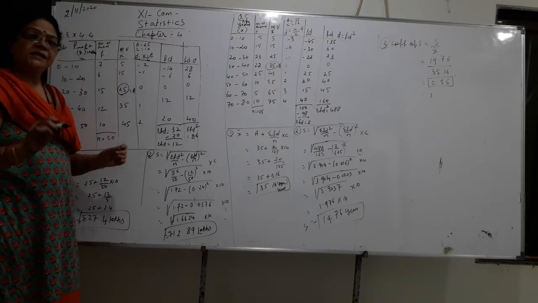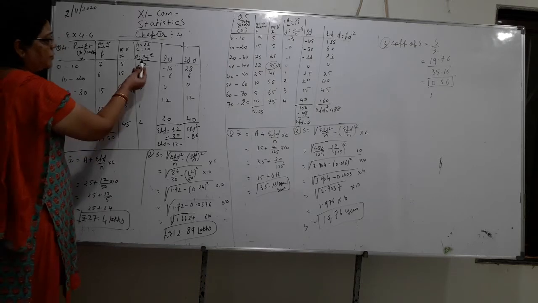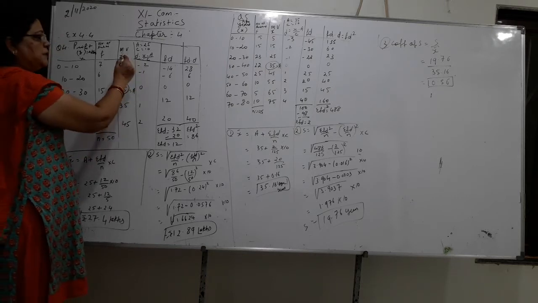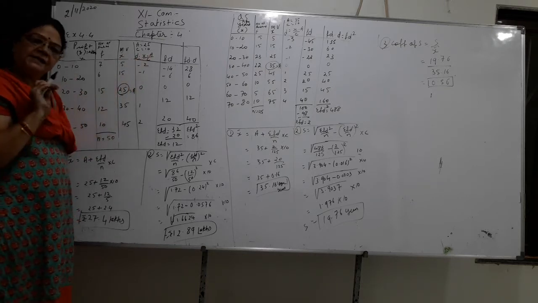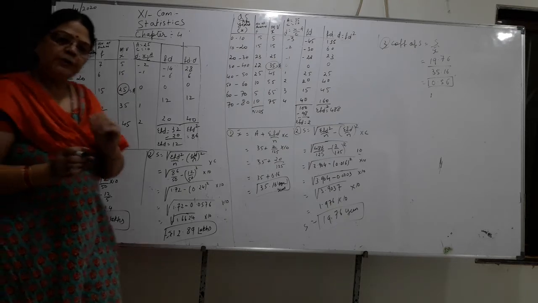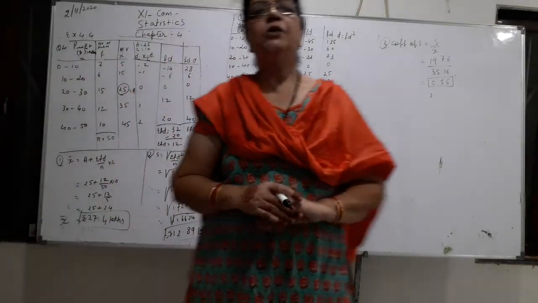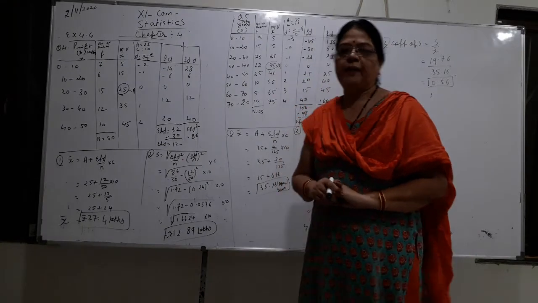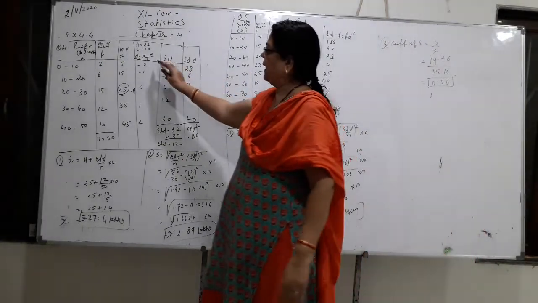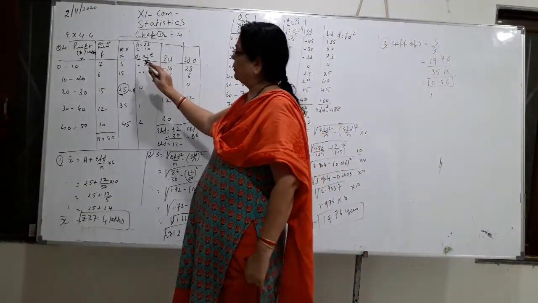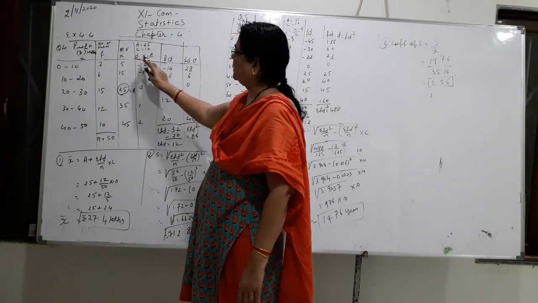So when the class interval is equal, you don't have to use this formula x minus a divided by c. Even if you use, you will get the same number. So we know the rule, so no need to find out x minus a divided by c. If you want to check, please check x.